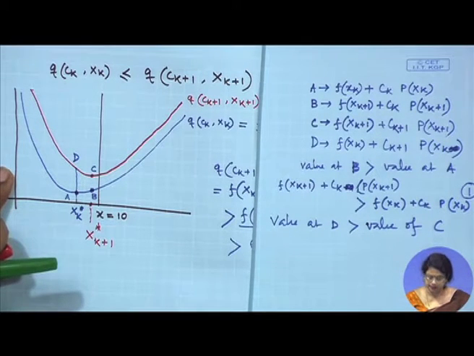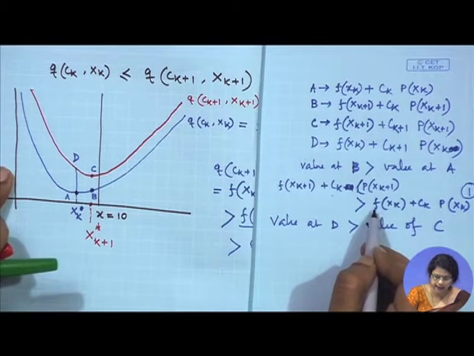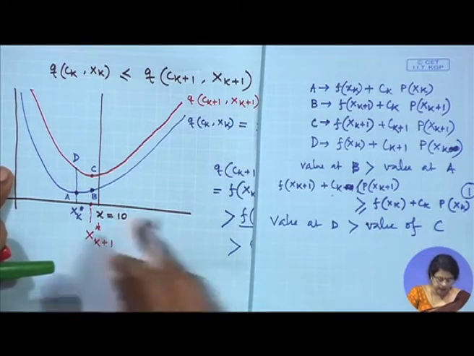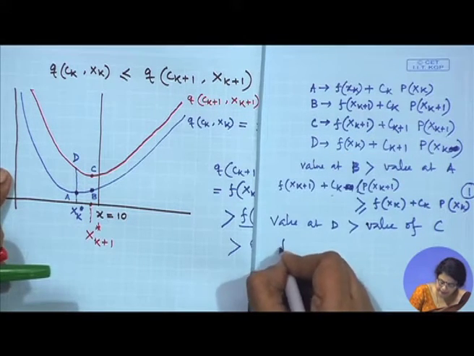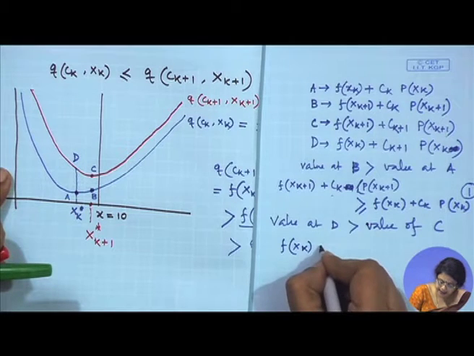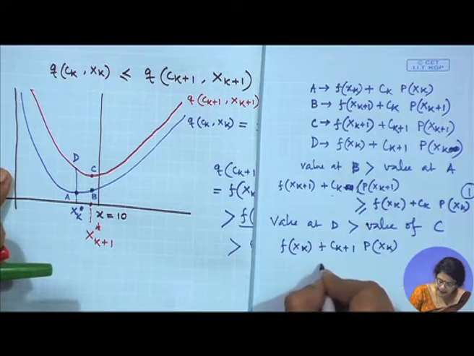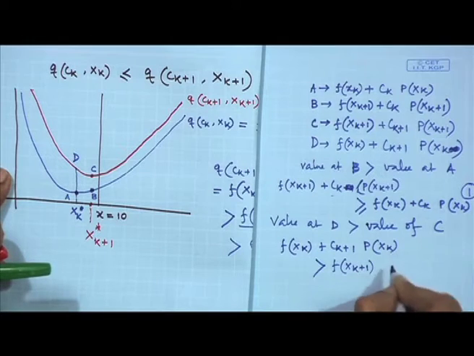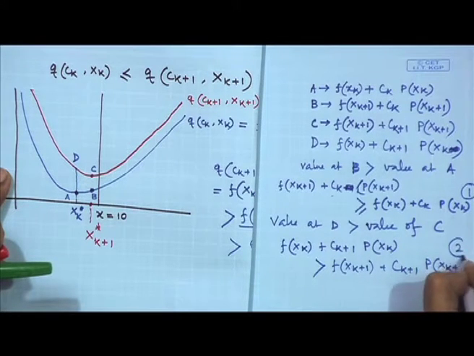Then it is okay. Now, f(x_{k+1}) plus c_k p(x_{k+1}) is greater than or equal to f(x_k) plus c_k p(x_k). Now, for D and C this is the case. Now, D is f(x_k) plus c_{k+1} p(x_k) greater than f(x_{k+1}) plus c_{k+1} p(x_{k+1}). Let me call it as 2.